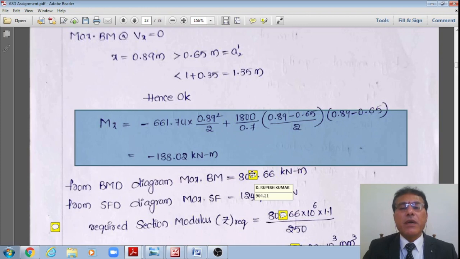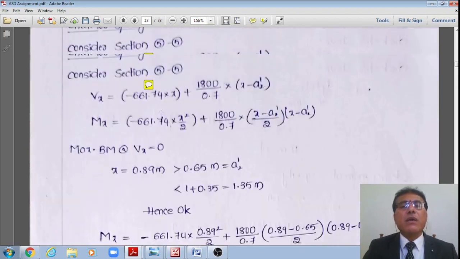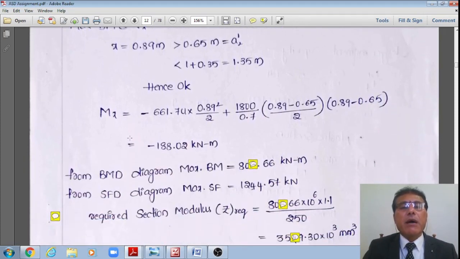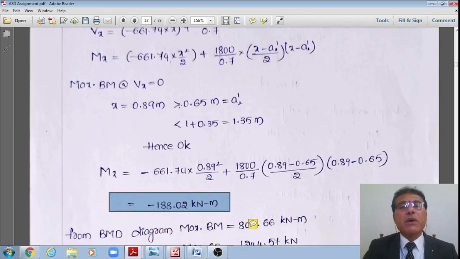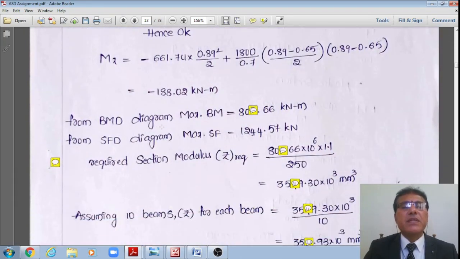However, the maximum bending moment under the left column is larger, because that was 904.21 kilonewton meter, and even there I got the maximum shear force, 1244. Under the second column I am getting a small bending moment of 188 and, upon substitution, a small shear force only. Therefore this will not govern the design. Only the analysis under the left hand side column will govern the design.